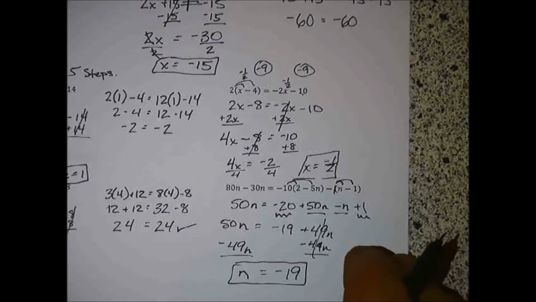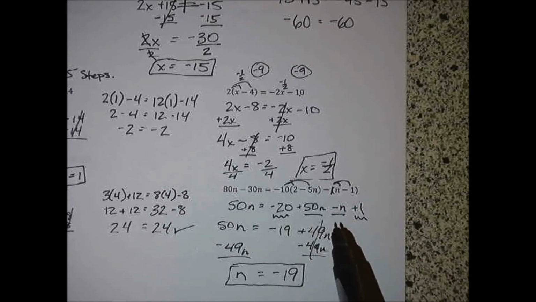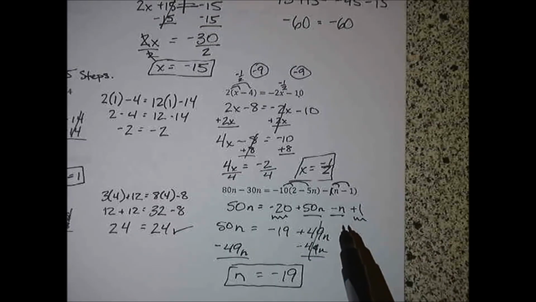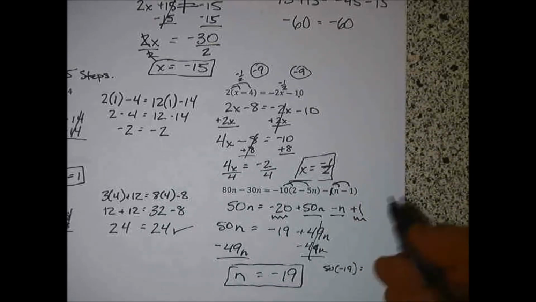Okay, the only thing we have left to do is check it. I'm going to go ahead and use this second step because nothing's really different here. All I did is distributive property, and I trust myself that far. So I have 50 times negative 19 equals, and we have like terms there.